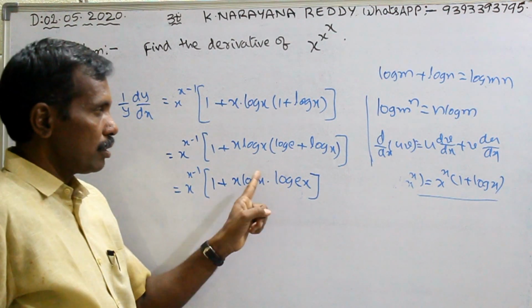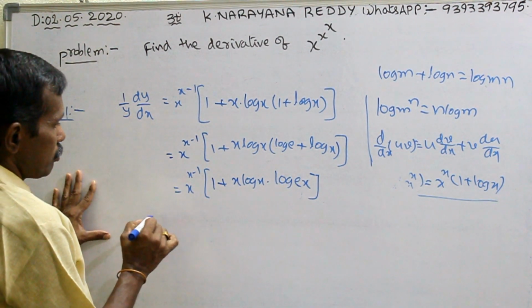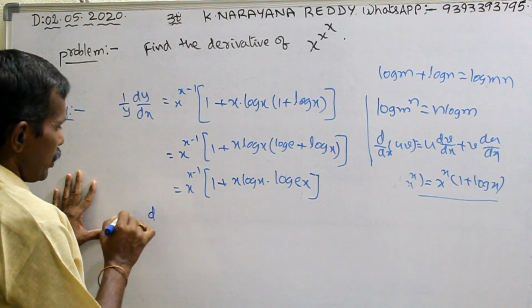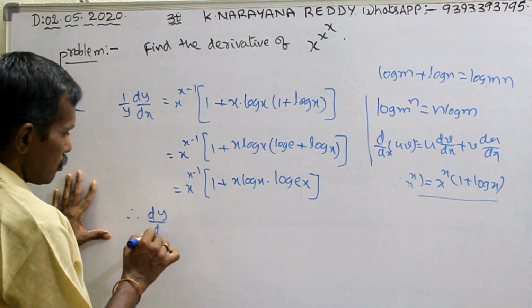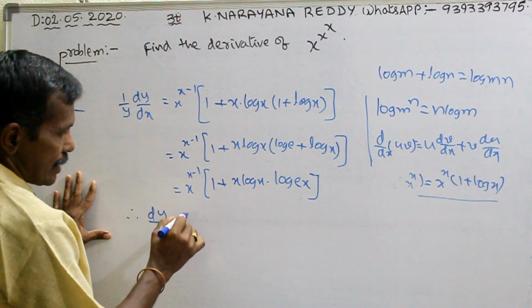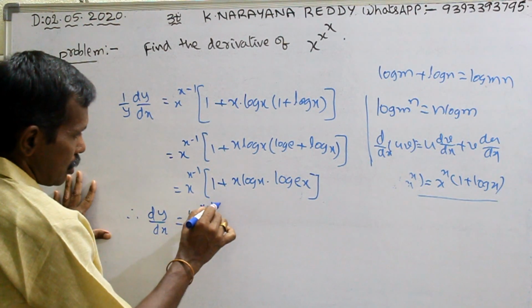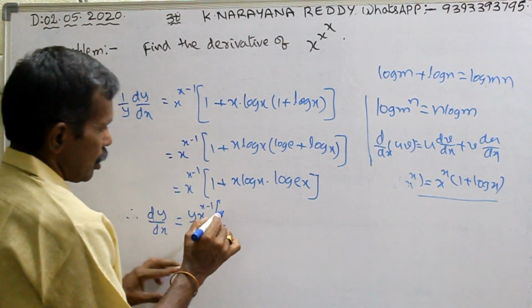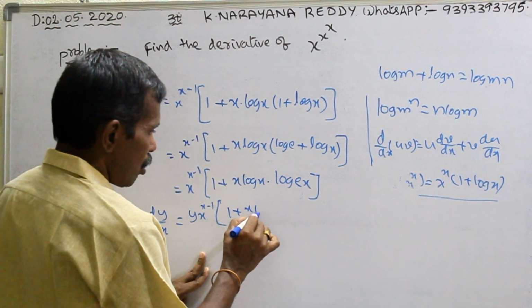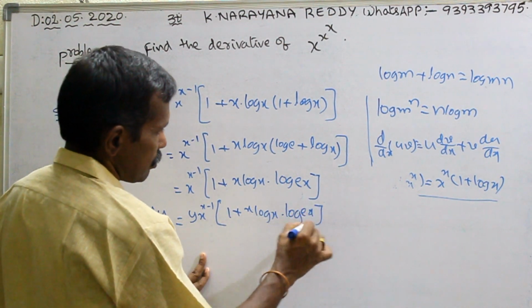By using that formula, this becomes log ex. Okay. This equals, therefore dy by dx equals, y goes to the right side, x to the power of x minus 1 into 1 plus x log x into log ex.